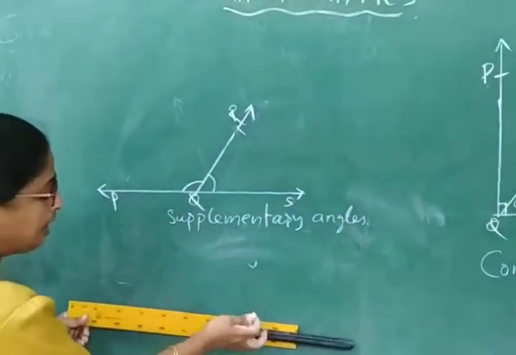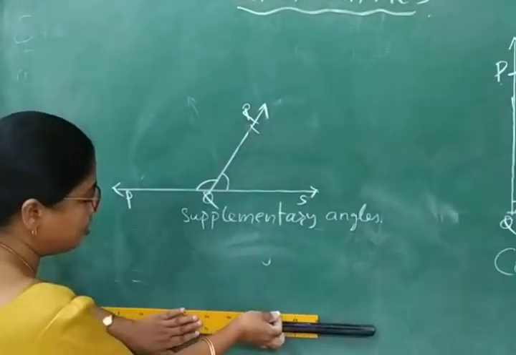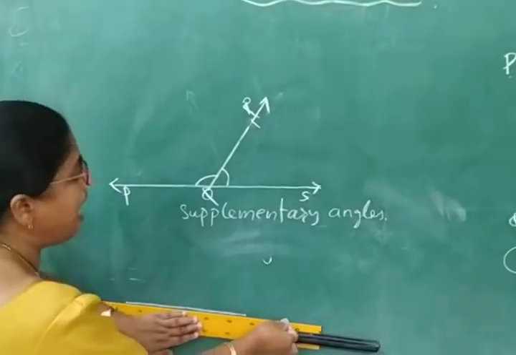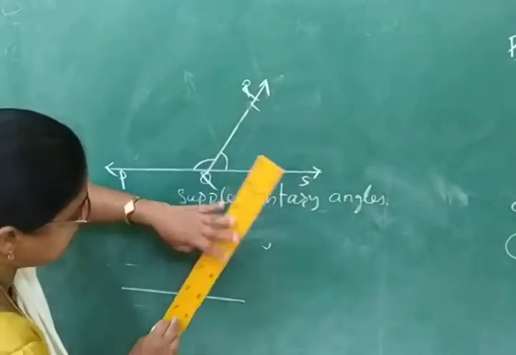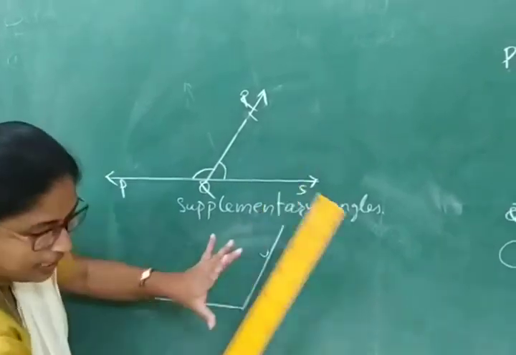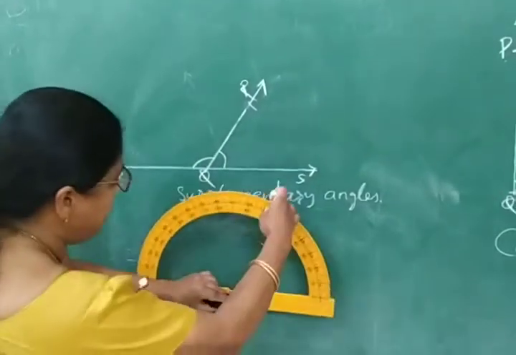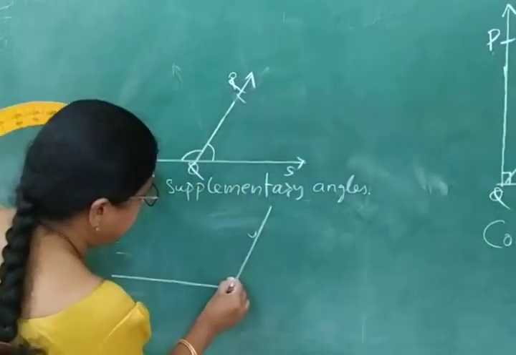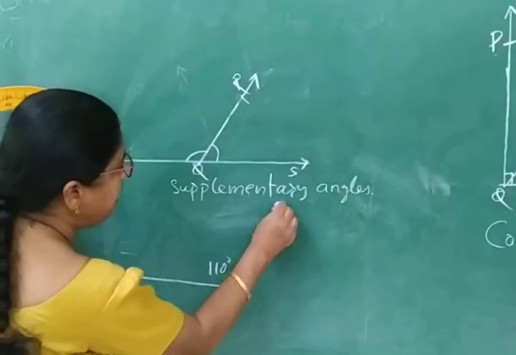It is not compulsory that the angles whose measures sum to 180 should be adjacent. They can be different also. Let me draw one angle. Let me measure this angle. This is 110 degrees.